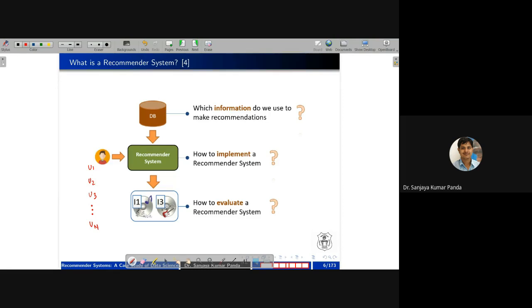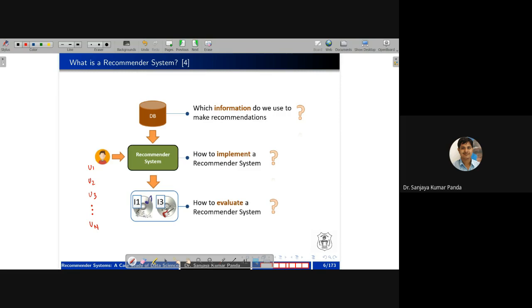The second question is related to the third component of the recommender system, which is how to implement a recommender system. If you want to decide how you are going to implement a particular system, obviously you will write an algorithm and convert it to code. For implementation languages, as I already said, you can use C, C++, Python, Java, any language.